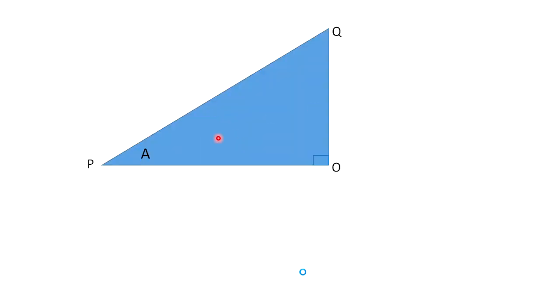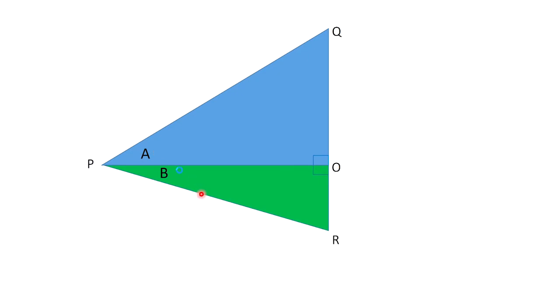Now, if you have angle A, for example, we make a right triangle OPQ, and the angle QPO is A. And now we're going to stack or attach another triangle with the angle B right here, back to back, and the angles POR and POQ are all right angles.